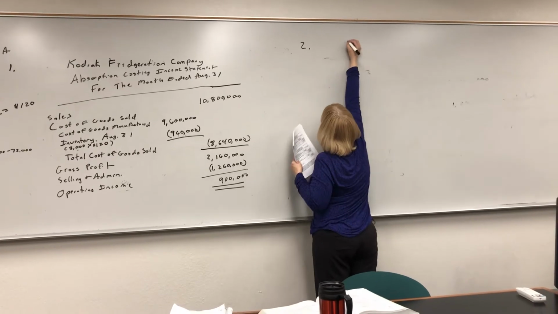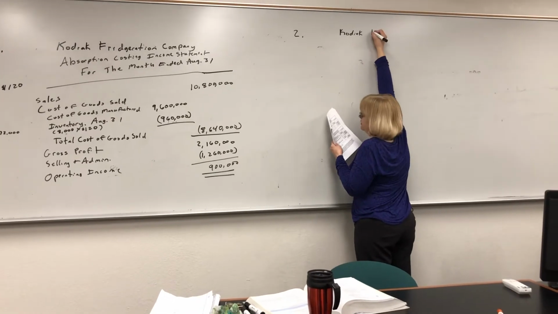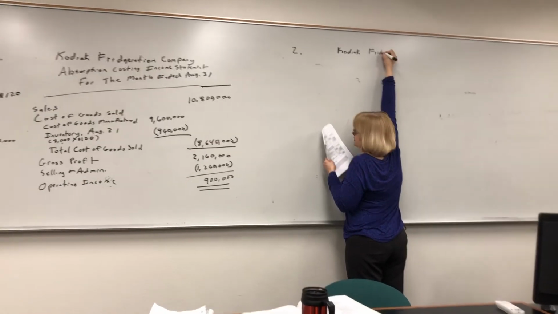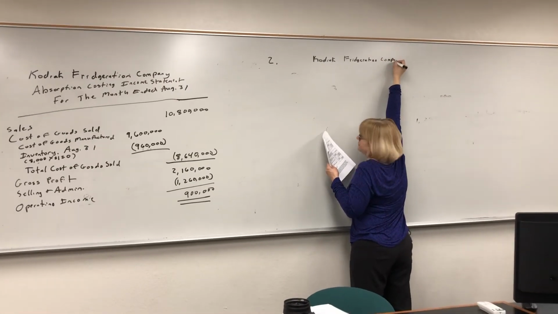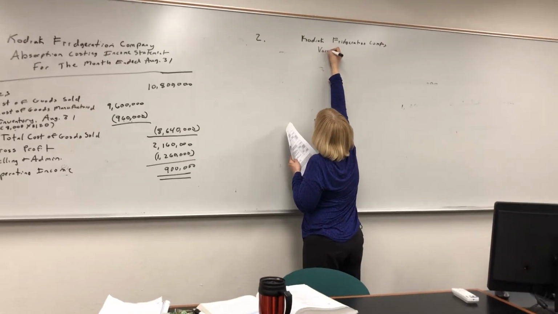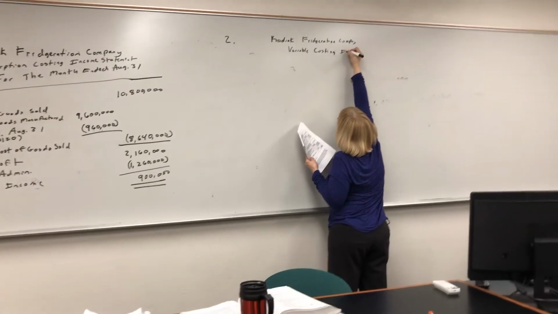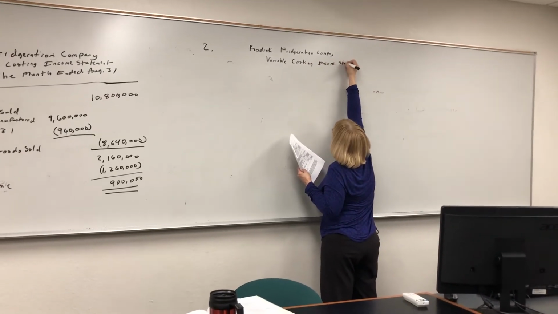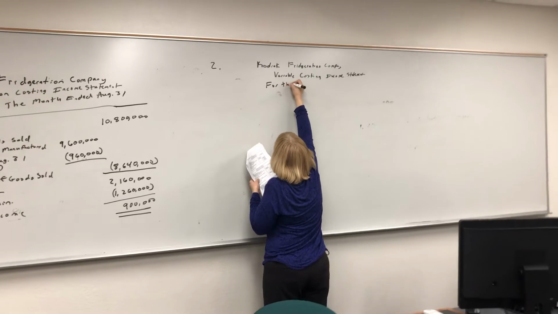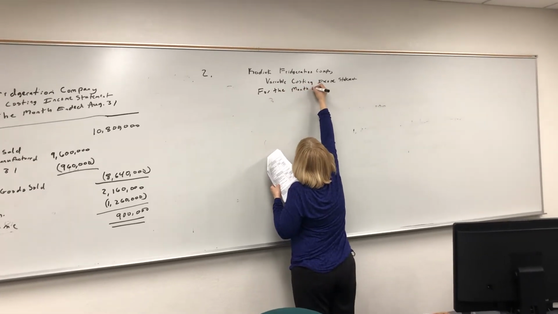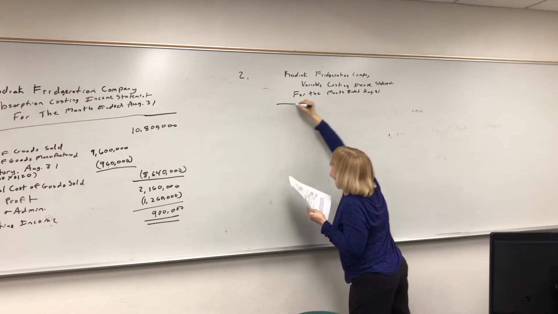So we still have Kodiak Refrigeration Company, this time variable costing income statement, and once again for the month ended August 31st.